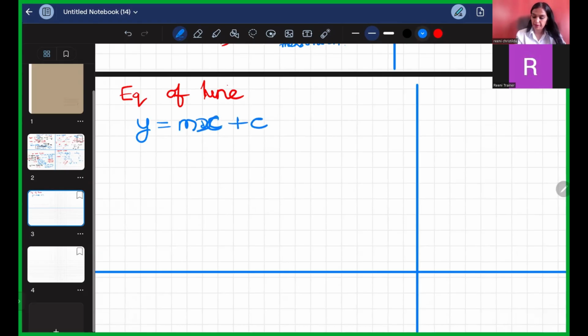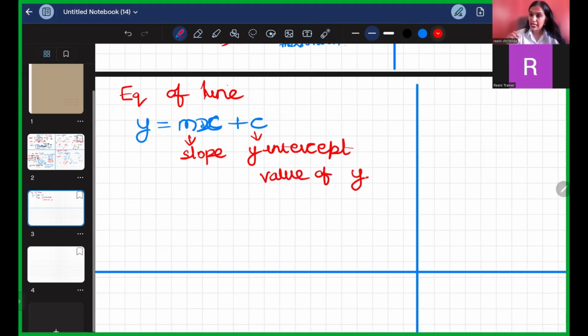What is m? m is nothing but the slope, which we just discussed. And c is nothing but the y-intercept. What is the y-intercept? It is the value of y when x becomes 0. This is also asked in SAT math questions.